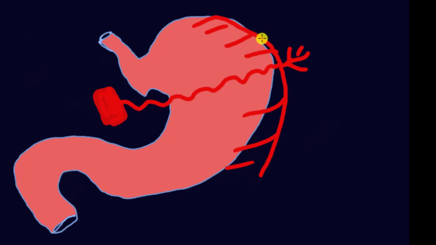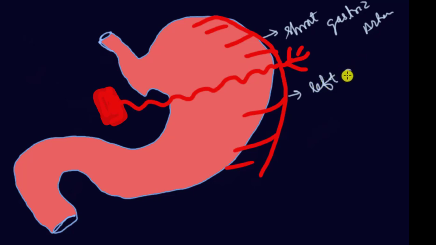So what is this? This is your short gastric artery, a branch of splenic artery. Here you will find the left gastroepiploic artery. And what is this?